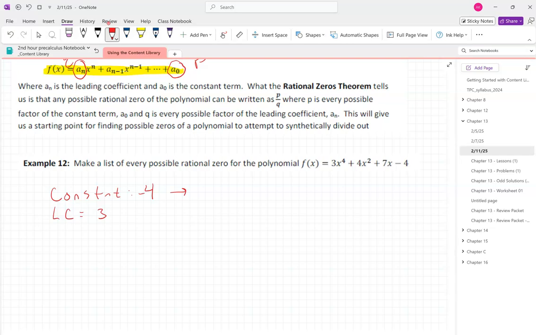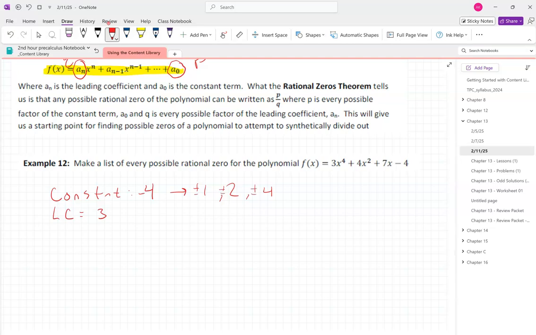Can someone tell me one of them? 2, great. What else? 4, what else? 1, okay. And what are we forgetting that you can always do? If a positive divides it, the negative is also going to, right? So I'm just going to tack a plus or minus onto each of those.